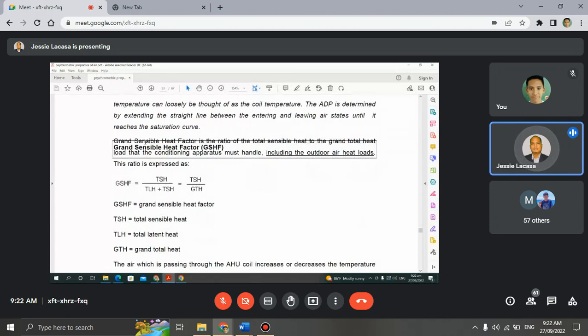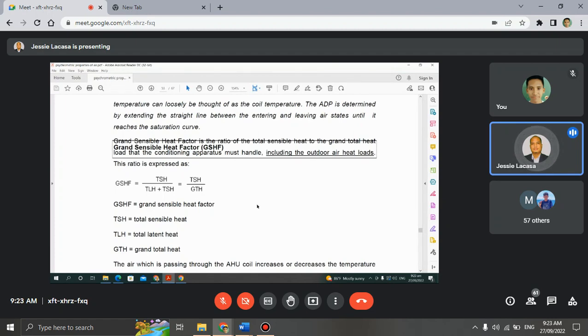Then another, we have grand sensible heat factor. So the grand sensible heat factor is the ratio of the total sensible heat to the grand total heat load that the conditioning apparatus must handle. So including the outdoor air heat loads. So this ratio is expressed as: grand sensible heat factor is equal to the total sensible heat over total latent heat plus total sensible heat, or equal to total sensible heat over the grand total heat.